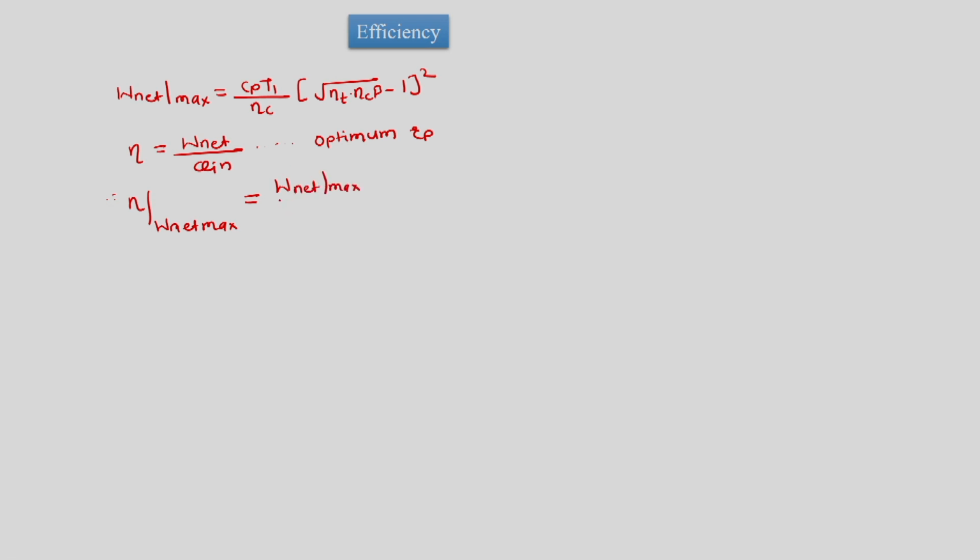Further we had derived a relation for Qin, where we have said that Qin is equal to Cpt1 into beta minus 1 minus 1 upon eta C into Rp raised to gamma minus 1 upon gamma minus 1.